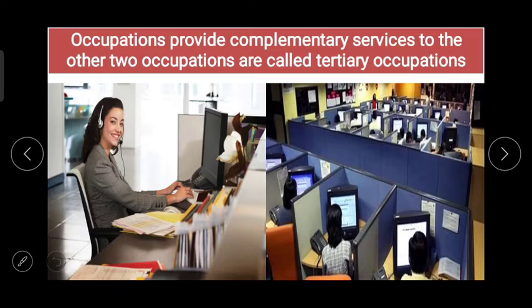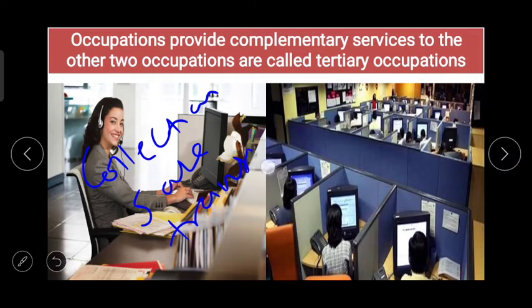Now look at the picture C, D and F in our textbook. If you go for C, D and F, you'll see milk collection and sale of milk. One thing, collection, then sale and transport. So what do we see at picture C, D and F?